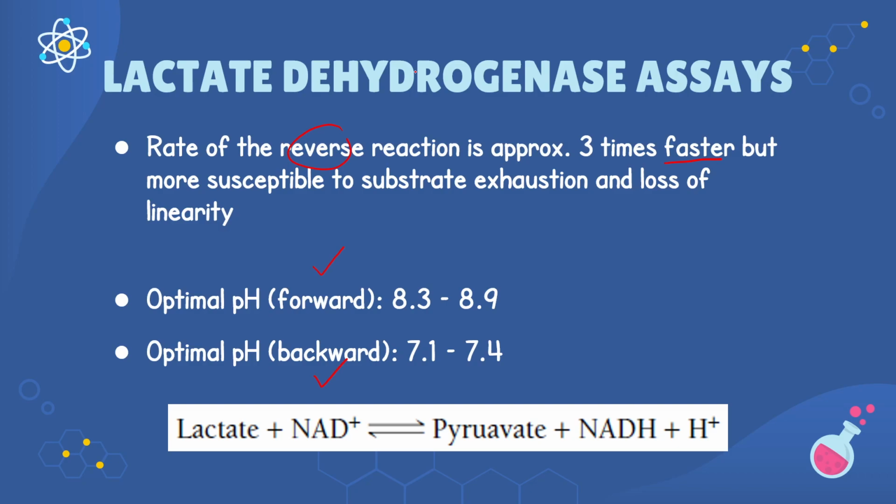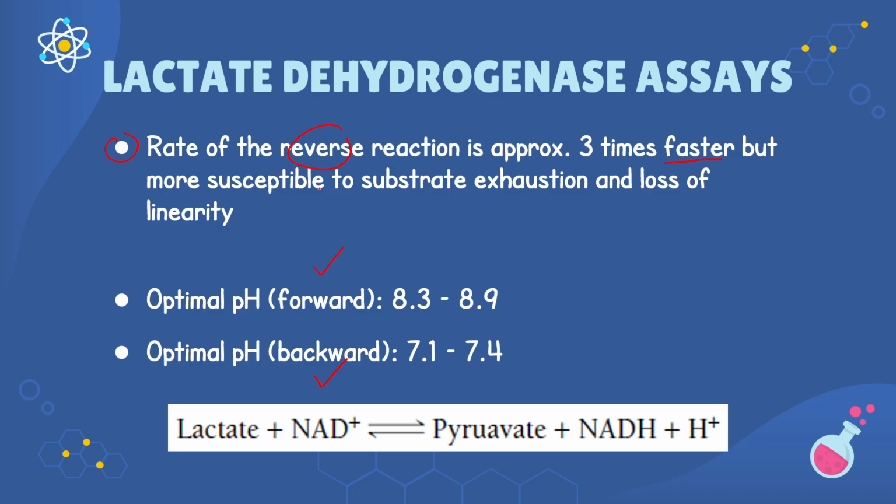But the problem with the reverse reaction of your lactate dehydrogenase is that it is more susceptible to substrate exhaustion and loss of linearity. But then again, looking at your package insert, especially your Agape brand, they still make use of your reverse reaction. We just need to make sure that there is enough substrate so that there won't be any loss of linearity in our processing.